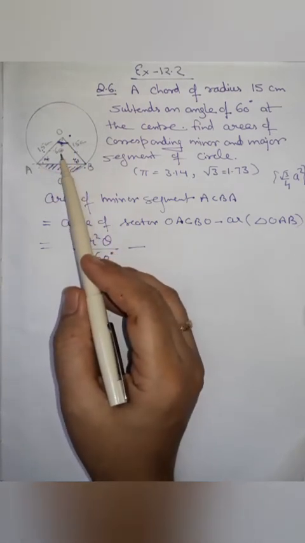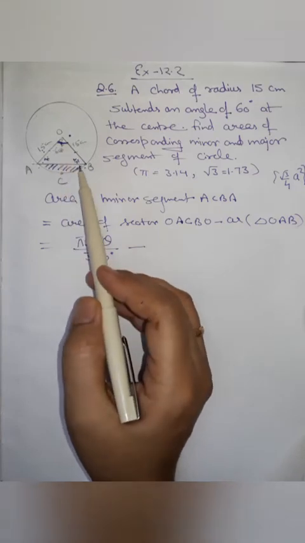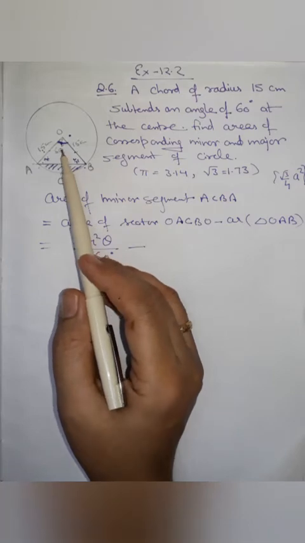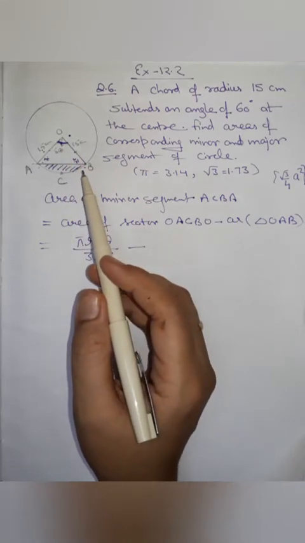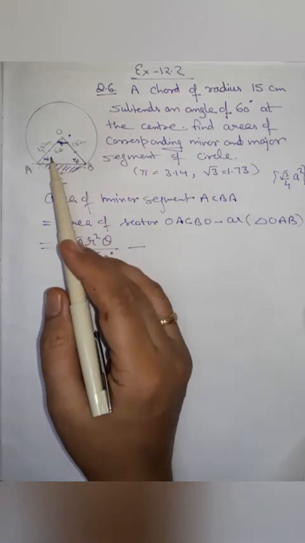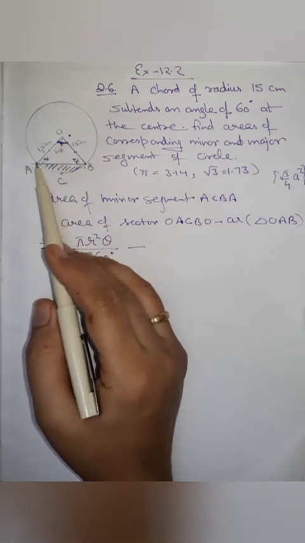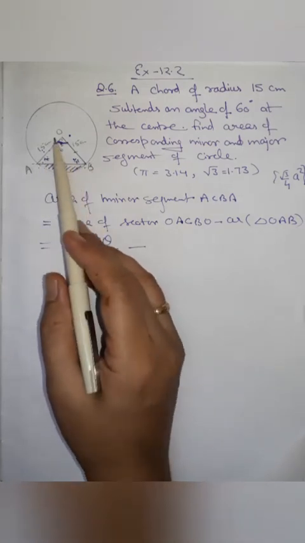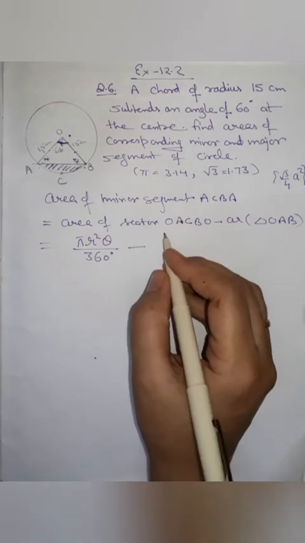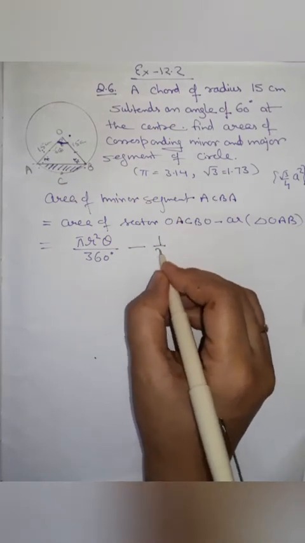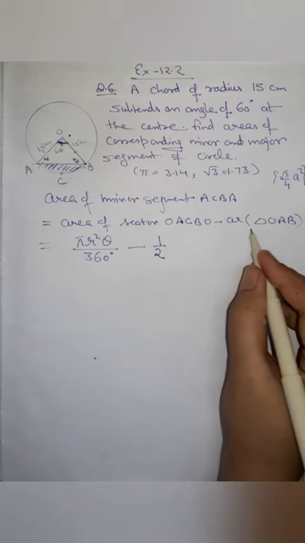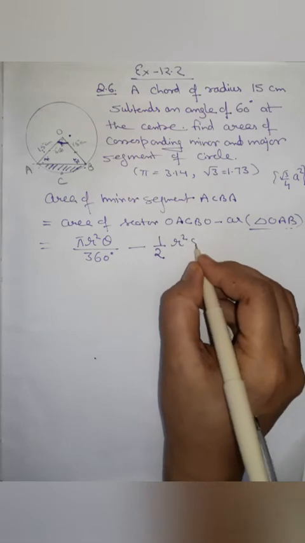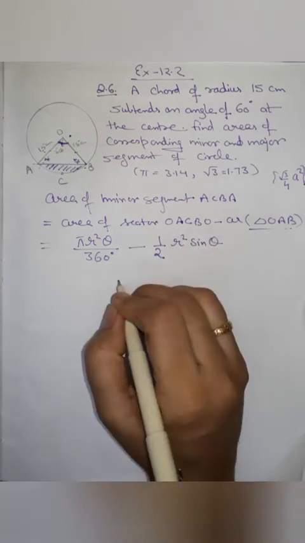Suppose here 30 degree is given or any other value is given, then there is one more formula for all types of triangles in which two sides are equal to the radius of the circle. Area of triangle OAB is equal to 1 by 2 r square sine theta.